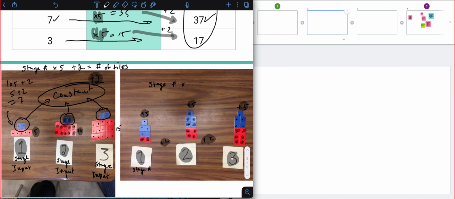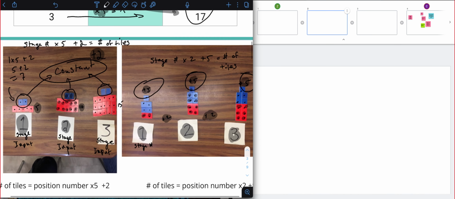Okay, and what ends up happening is we get this recurring pattern, or this rule, right? Where we take our stage number and we multiply it by 2, then we add the original 5. That's there every time. Right? That equals the number of tiles again.